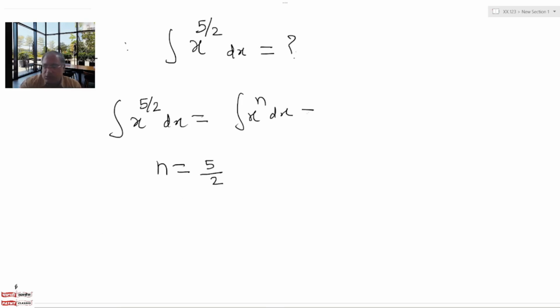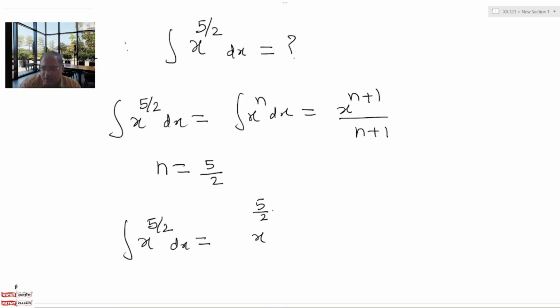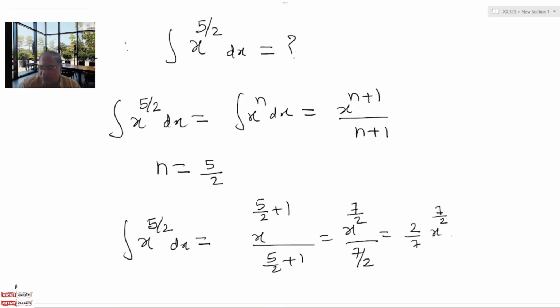Since integration of x raised to n with respect to x equals x raised to n plus 1 upon n plus 1, therefore integration of x raised to 5 upon 2 with respect to x equals x raised to 5 upon 2 plus 1 upon 5 by 2 plus 1, equals x raised to 7 upon 2 divided by 7 upon 2, that gets reversed, 2 upon 7 x raised to 7 upon 2. Of course, the plus c has to be written because it is indefinite integration.